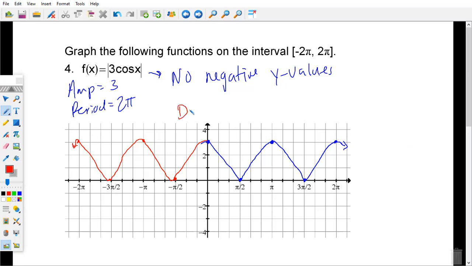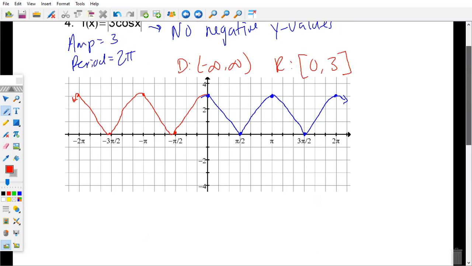My domain is all real numbers, and my range is from 0 to 3. So this happens only when absolute value is applied to the entire right side of the function.